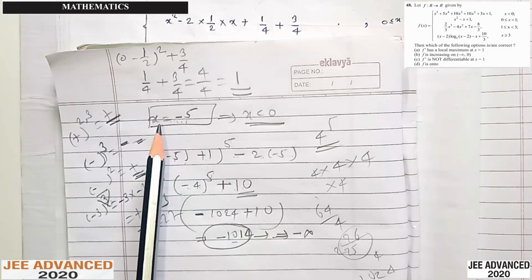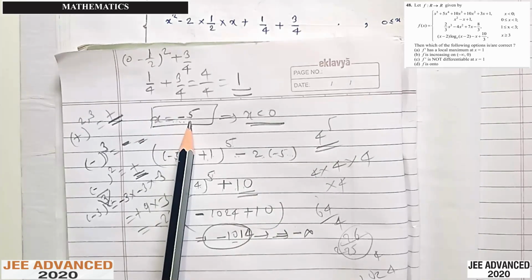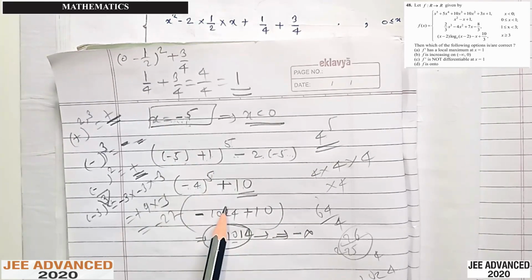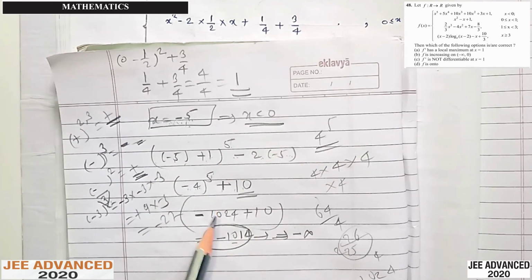If I consider a value of x bigger than -5 or smaller than -5, what value does our polynomial give? I selected x as -5, so my polynomial f of x gives me -1014.